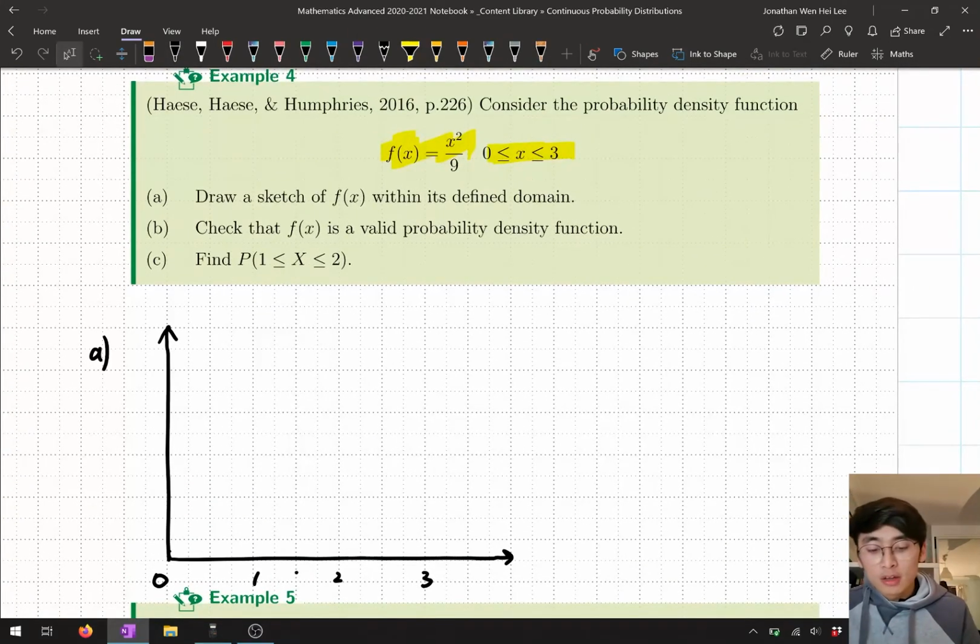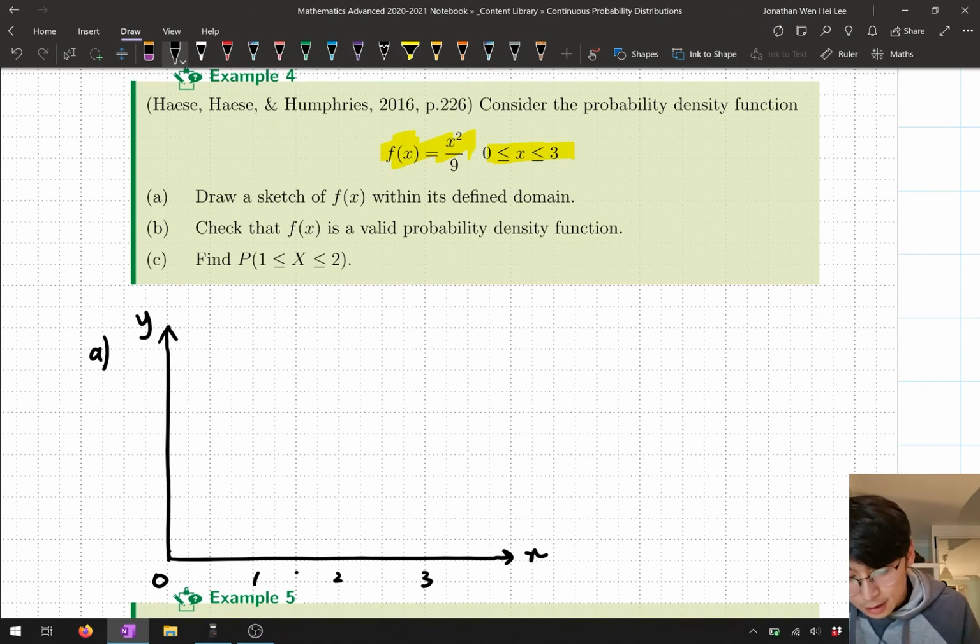Now, if you have a look at this function, I've got x squared over 9. This graph is going to give me a parabola, and the center of this parabola is going to be at 0. The other thing that I might want to check is what the y value would be at 3. So here we have the f of x probability. So this is my y, and this is x.